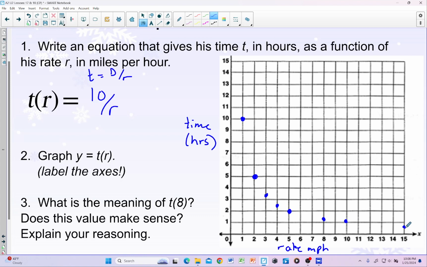Because if you're going 15 miles per hour and you have to only go 10 miles, you can do that in 2/3 of an hour.